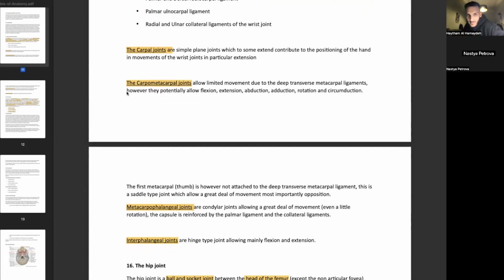So carpal joints, what are carpal joints? They are between carpal bones, and they're called simple plane joints.